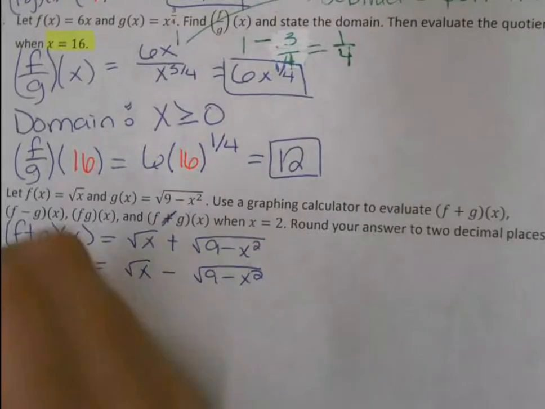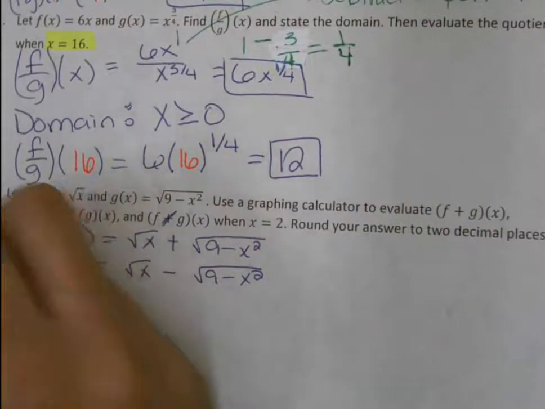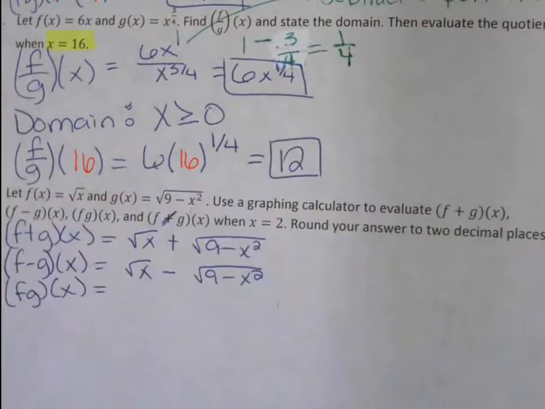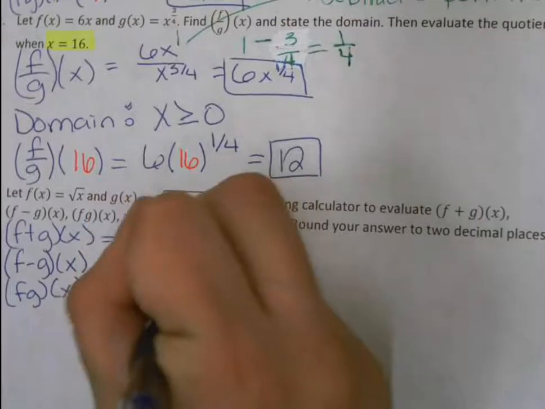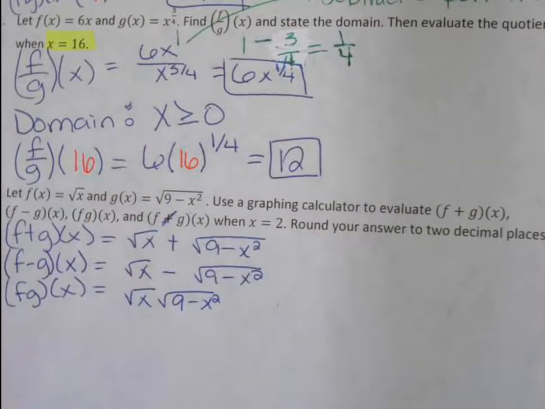Okay, then I'm going to move on to the F times G. So I'm doing the square root of x times the square root of 9 minus x squared. This one I can do.